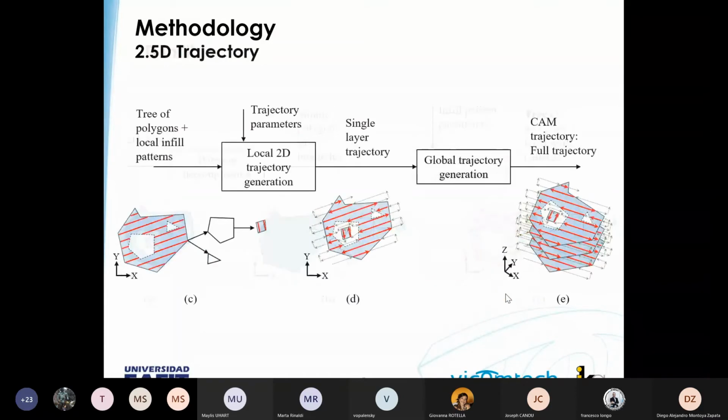After that, we have to generate the trajectory. Once we have the infill for each layer, we are able to generate the trajectory for each one of these layers. And finally, we have to generate the trajectory for the full part, that is, the connection between the different layers.